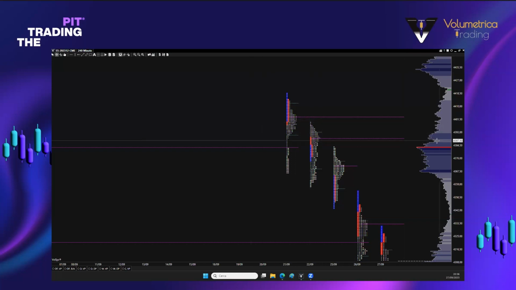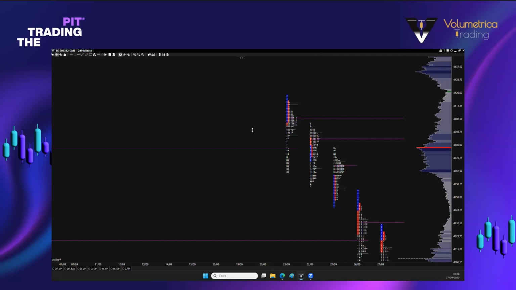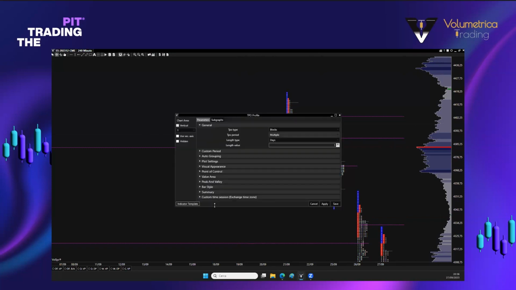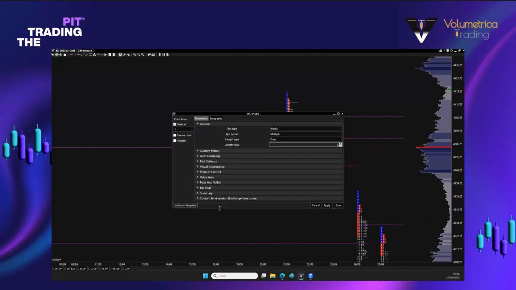If we now take out the filter that I've set, going to the TPO indicator here, that's the way I was telling you I've set it. So from 9:30 exchange time to 5 p.m., we can also decide to have it split.